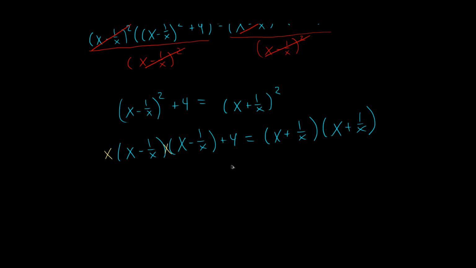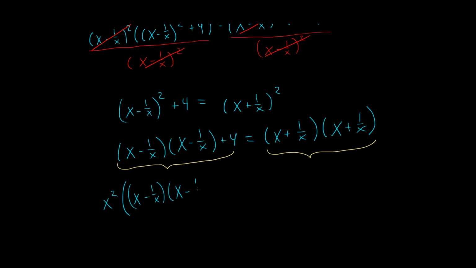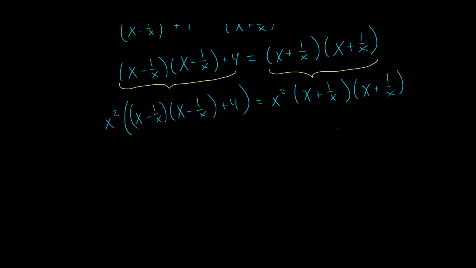The way this is going to work out is I'm going to take this entire piece and this entire piece, and multiply both of them by x squared. So I have x squared times x minus 1 over x times x minus 1 over x plus 4 equals x squared times x plus 1 over x times x plus 1 over x.